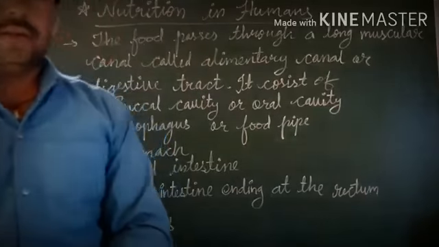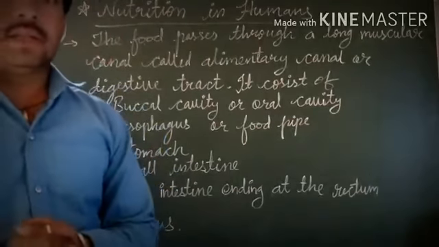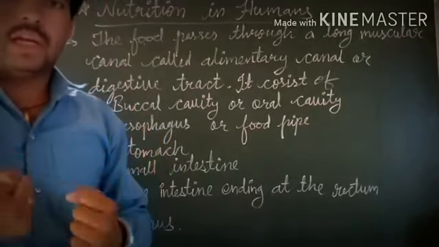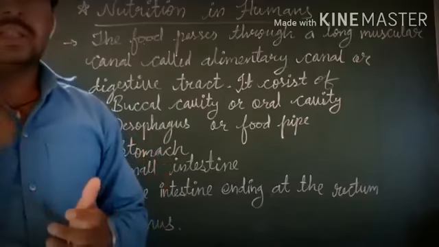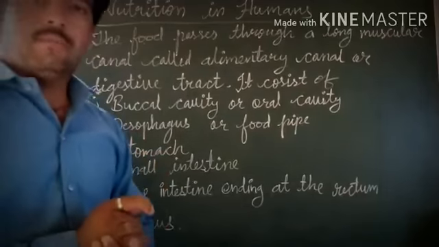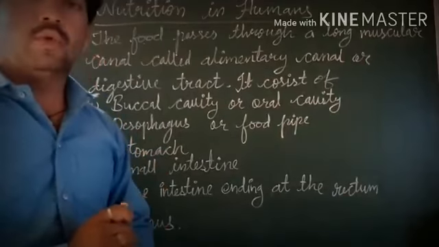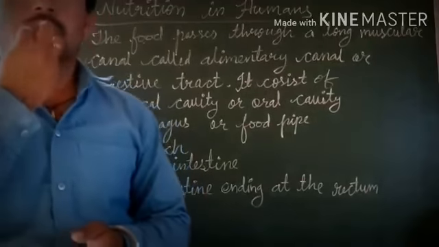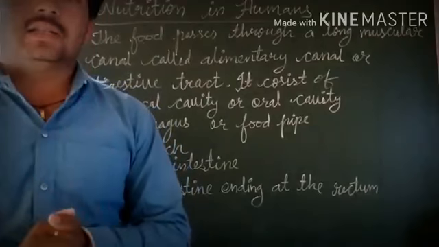Before that, in animals we ingest food, digest it, absorb it, utilize it, and undigested food is thrown out of the body. Now all these things happen from the mouth to the anus.